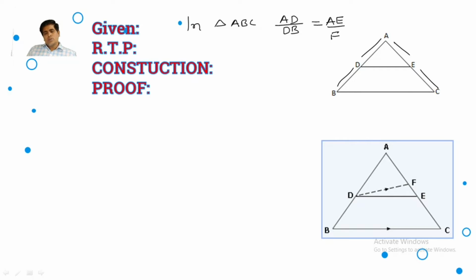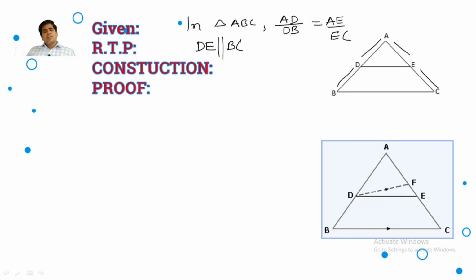If these ratios are equal, then what do we have to prove? We have to prove DE is parallel to BC, that the line is parallel to the third side. We have to prove that parallelism.